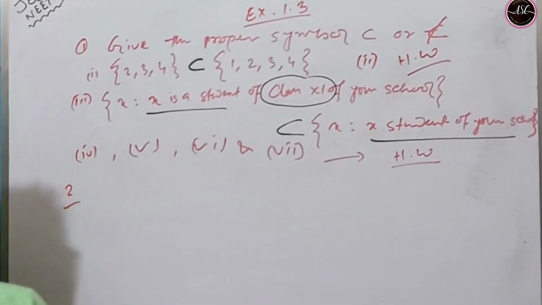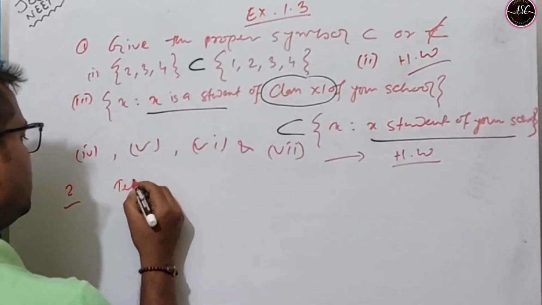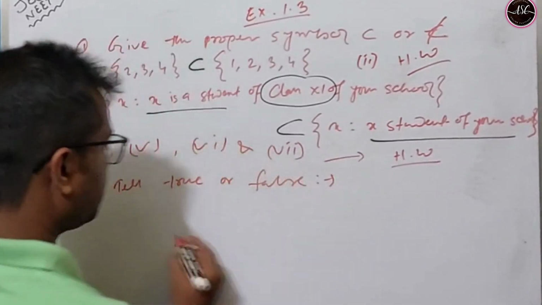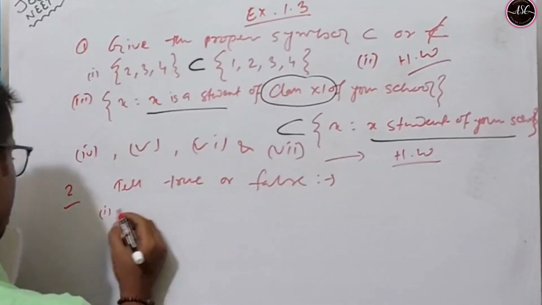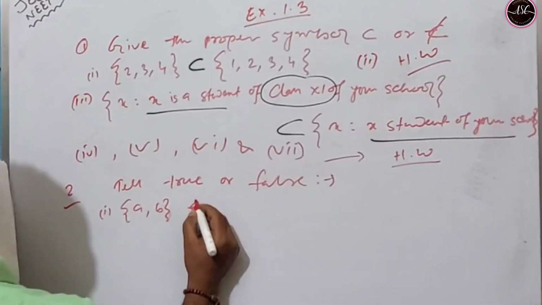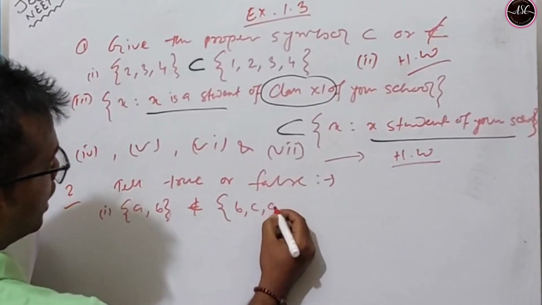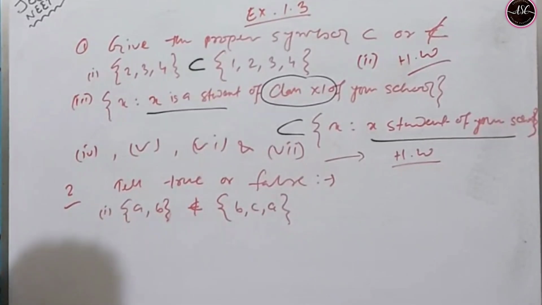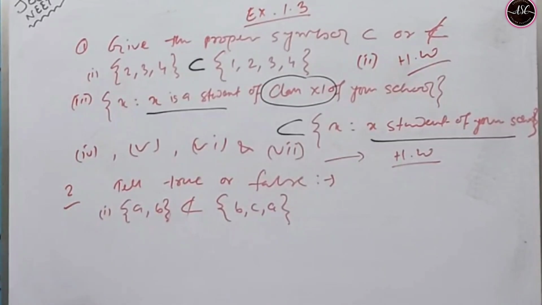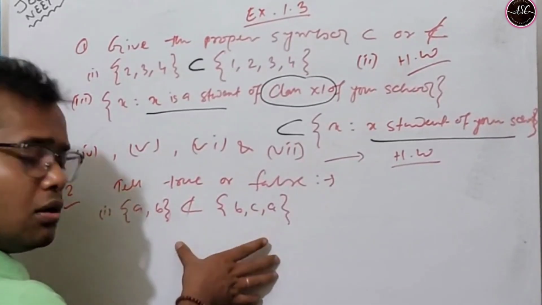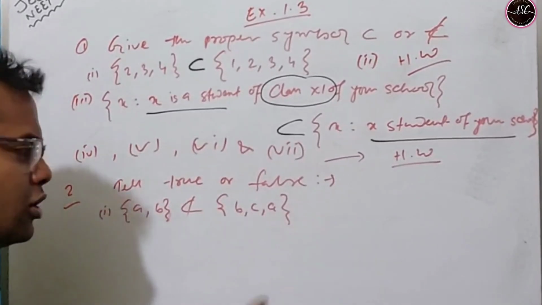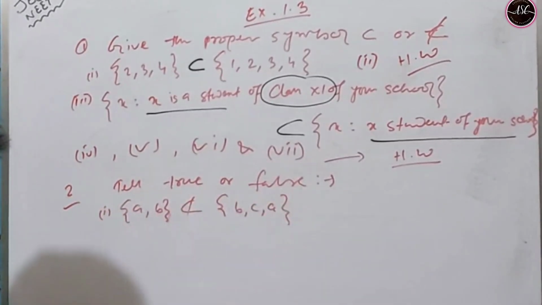Question number 2: tell true or false. Number 1: {a, b} is not a subset of {b, c, a}. But look at these two sets: a and b are present in the second set, so it is obviously a subset of this set. So it is a false statement.